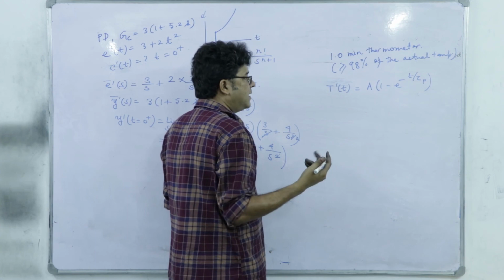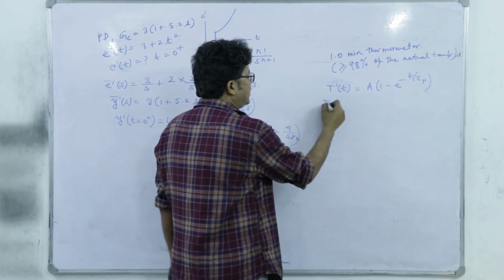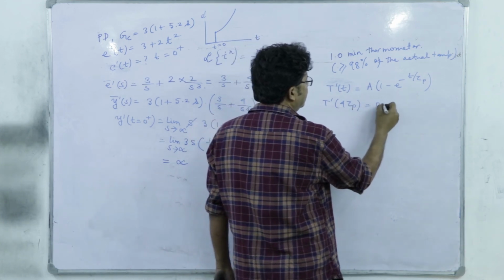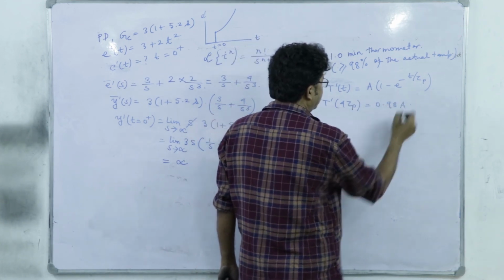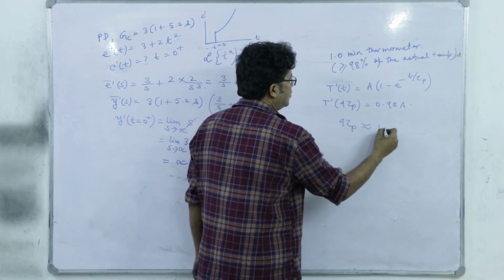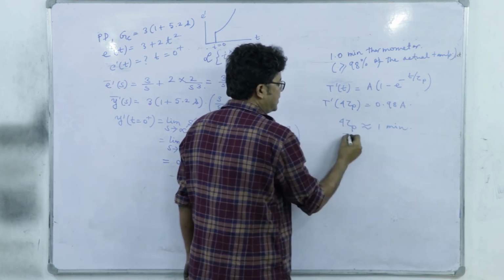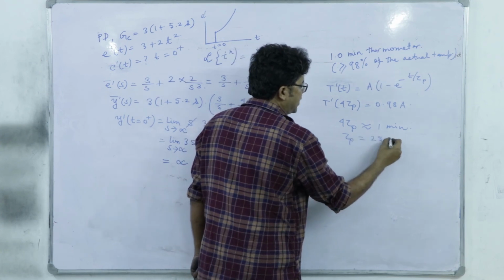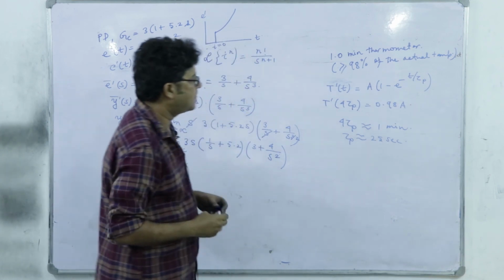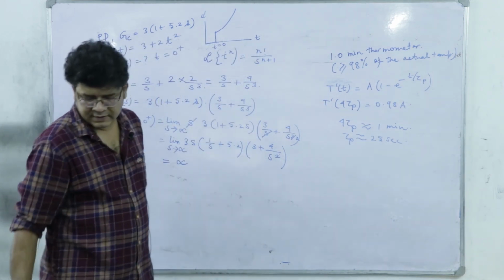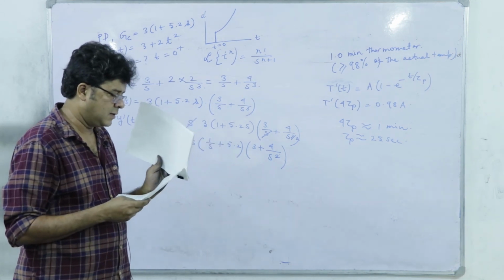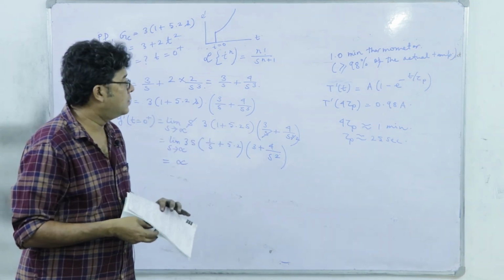So finally its value should be A, and we know that T prime at 4 tau p is equal to 0.98A. So we can say that 4 tau p is nearly equal to 1 minute and tau p equals 25 seconds approximately, right? So this is a very smart kind of problem formulation, and from there we have to answer the question.